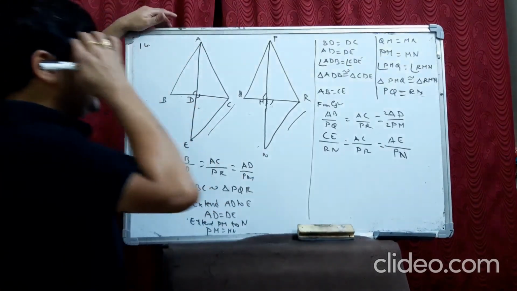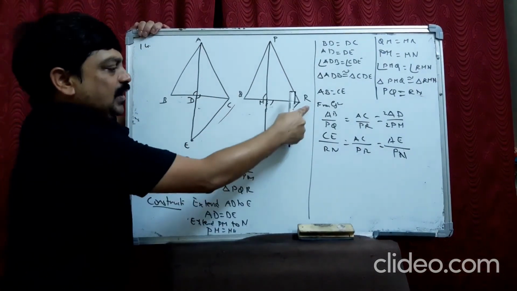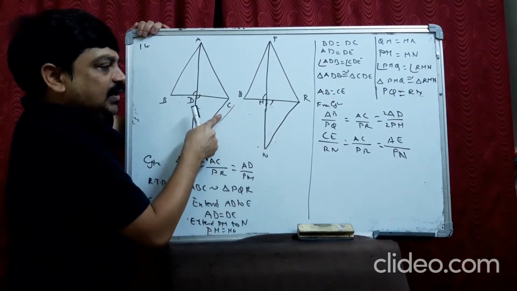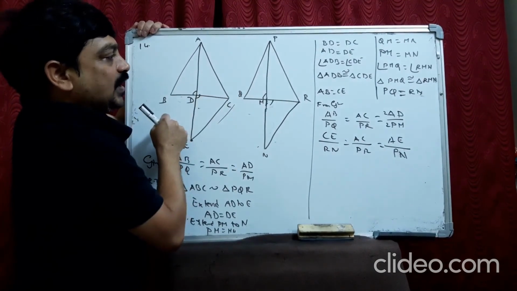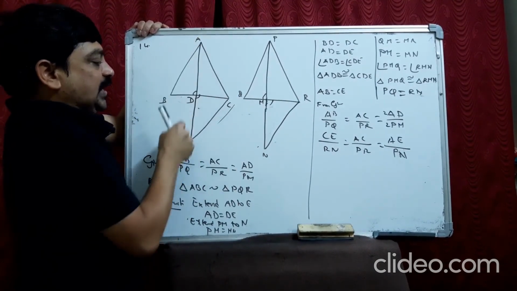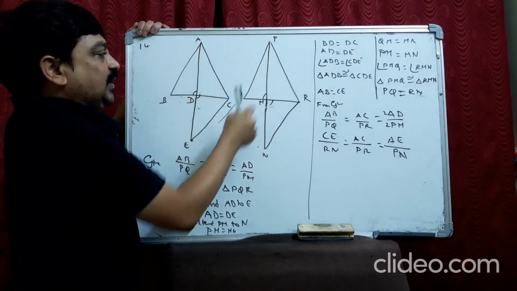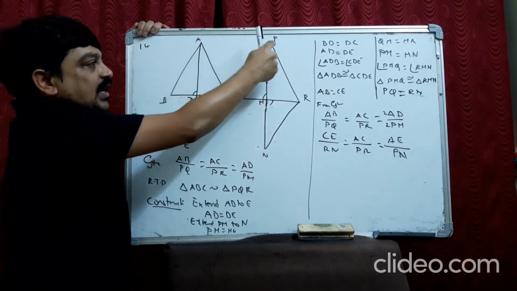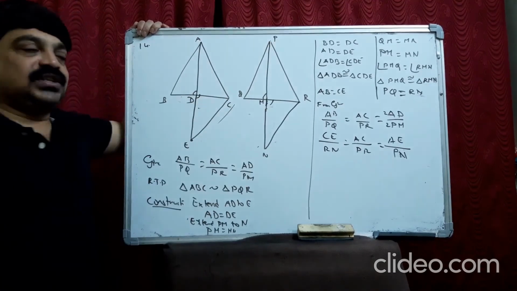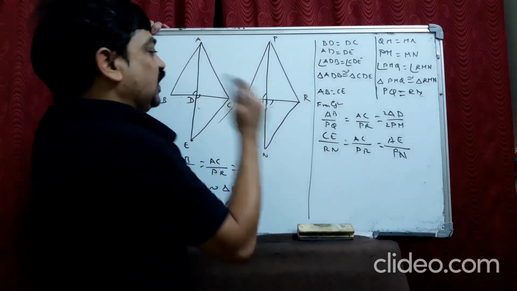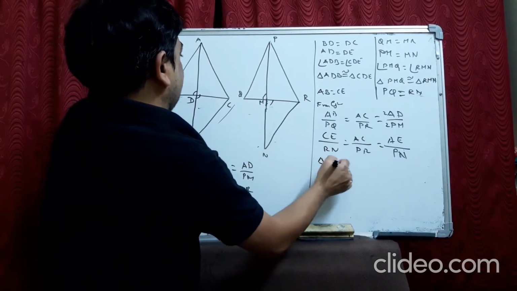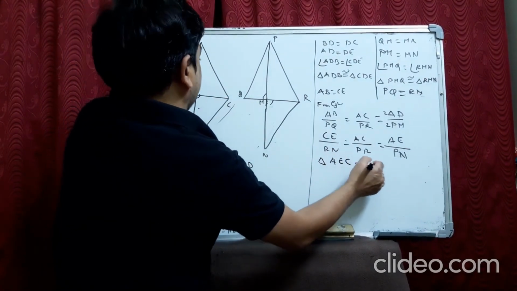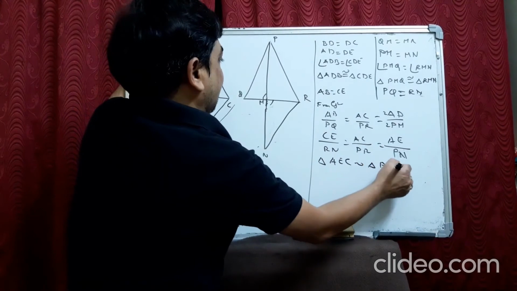Now if you see carefully, CE by RN is equal to AC by PR is equal to AE by PM. That means this triangle is similar to this triangle. So by SSS property, triangle AEC is similar to triangle PNR.